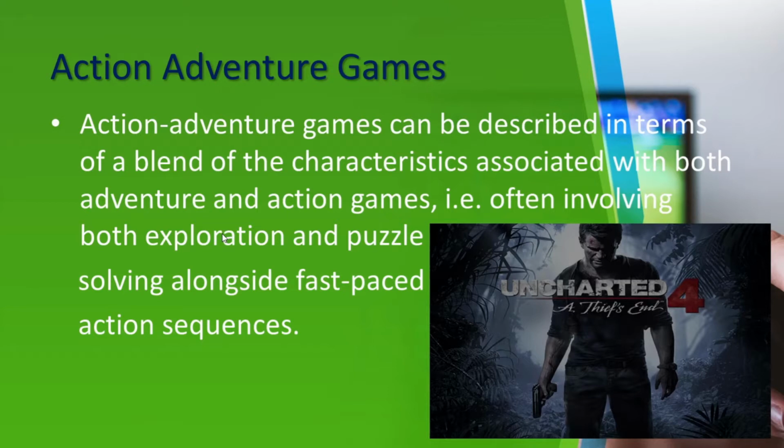For example, often involving both exploration and puzzle solving alongside fast-paced action sequences. Exploration and puzzle solving will be identifying features or gameplay for an adventure game, and fast-paced action sequences will be the main identifying feature from your action game. In action-adventure, these gameplays will be both combined.